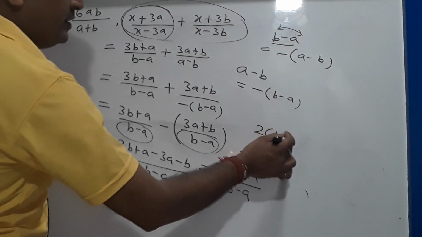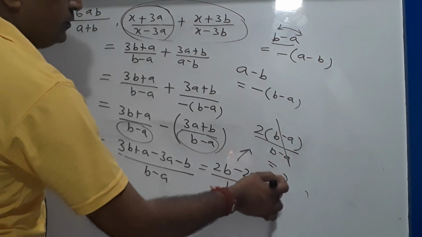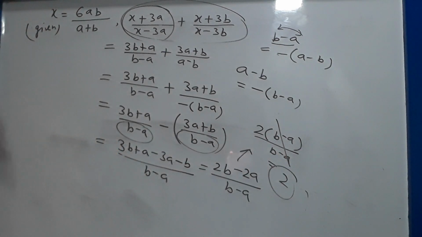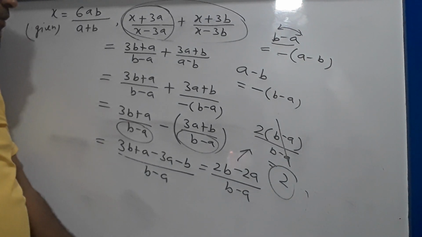What is left? B minus A upon B minus A. B minus A gets cancelled. Answer is 2. Correct? So using componendo dividendo.